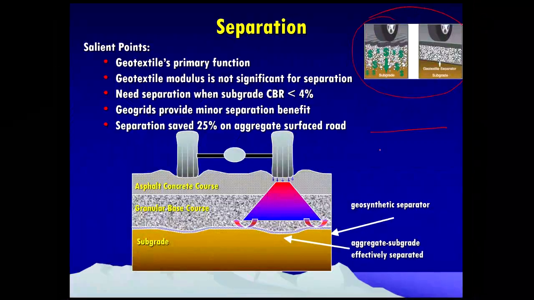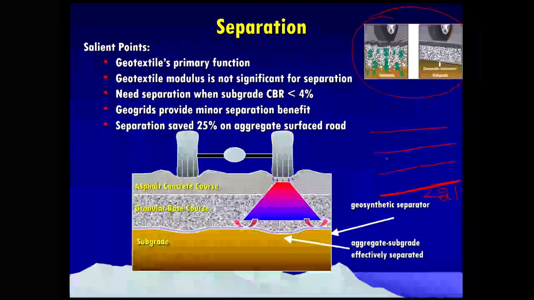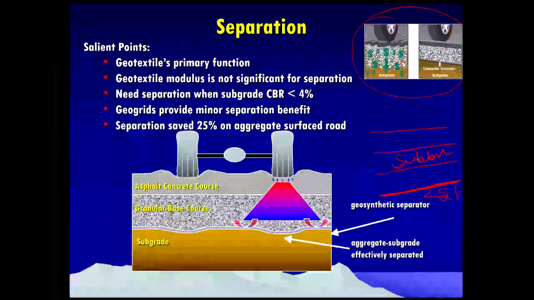In a flexible pavement, if this is my subgrade, which has less than 2% CBR, can I place my subbase layer directly over the subgrade? That is the first question.